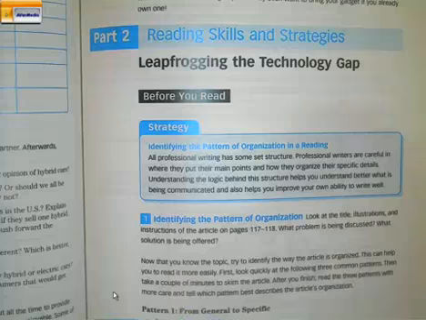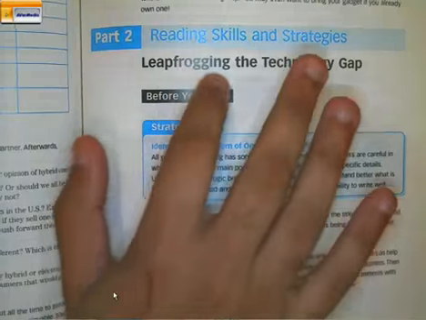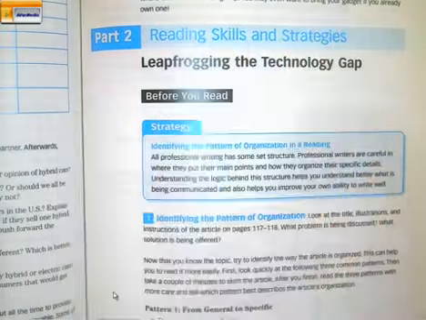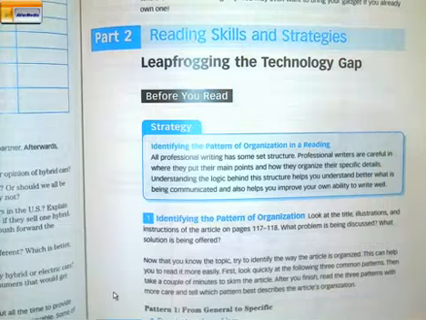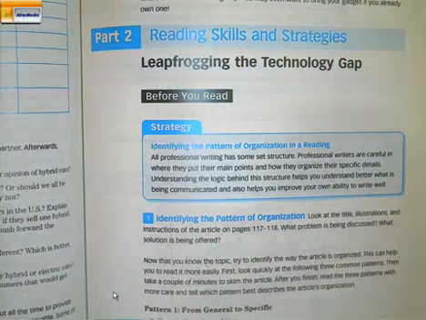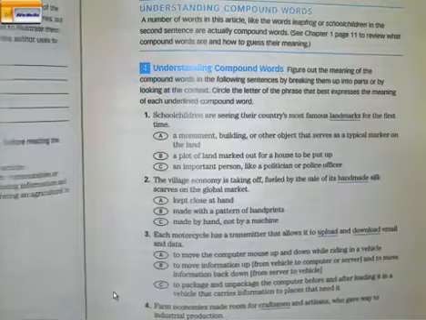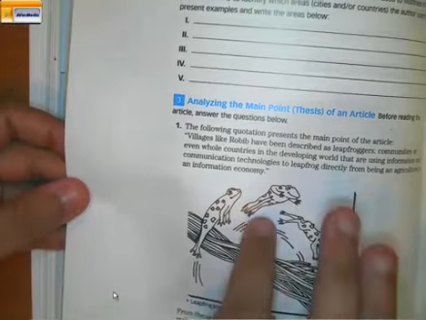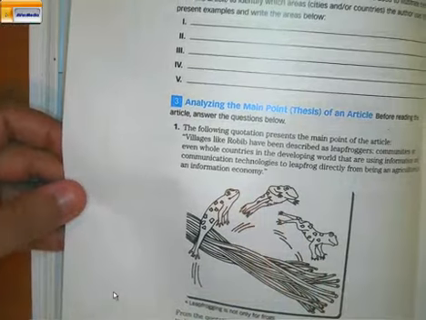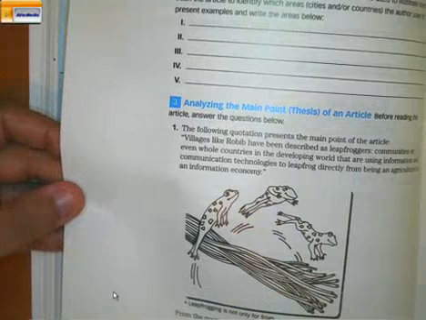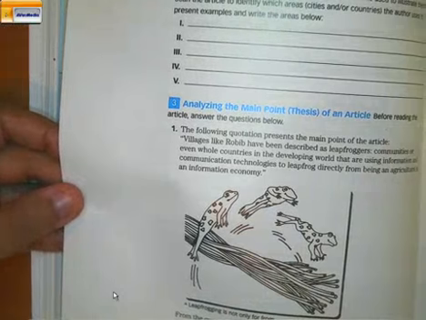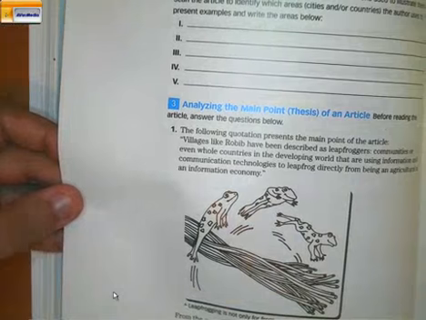Leapfrogging. We have here the ing. Let's delete the ing, and we have the word leapfrog. Well, we have the word frog. You know, frog, the animal. If you don't know the animal, you can see it here. This is a frog, and the word is originally associated with frogs.